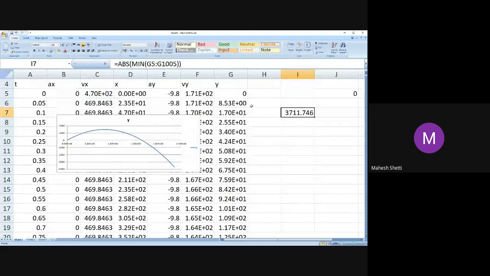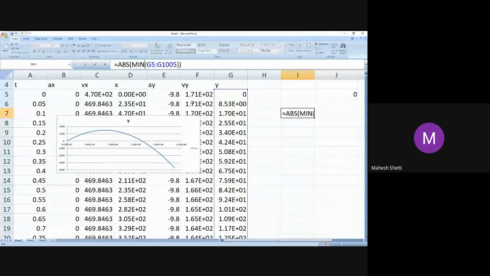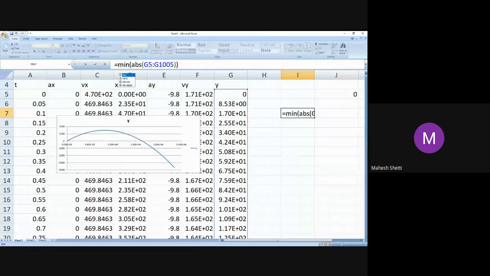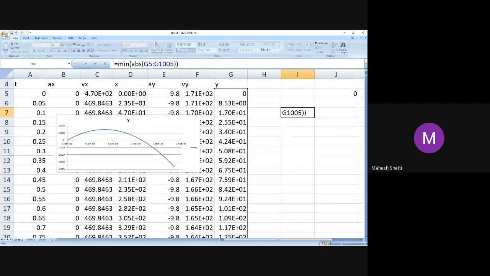Why is it giving me this? Okay, the minimum of the absolute, sorry. See, those things also make a difference. I have to first find the absolute values of all of these and then the minimum of that. So it gives me 17.